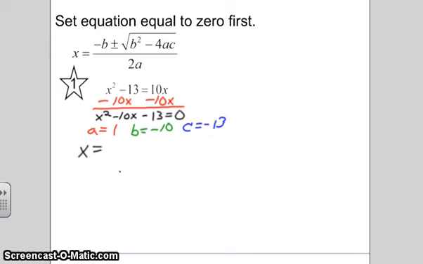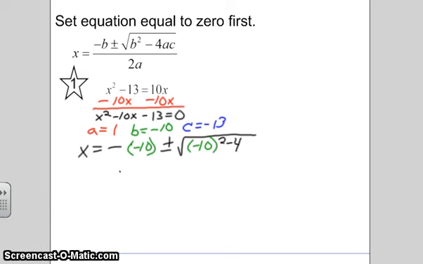So that's x equals negative, and then where b is, I'm putting negative 10. Plus and minus the square root of b squared. So b again is negative 10.